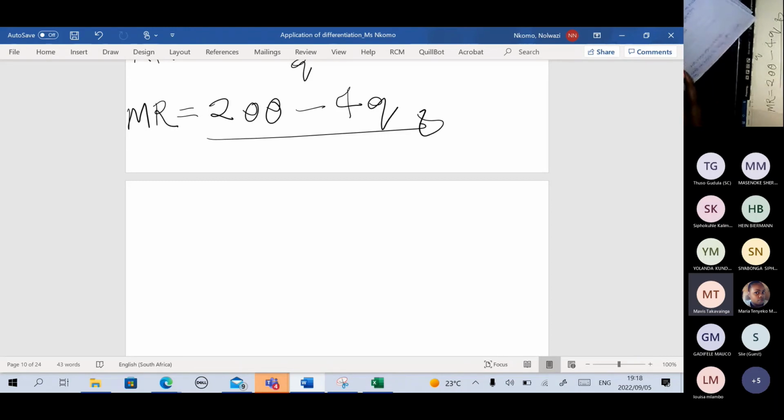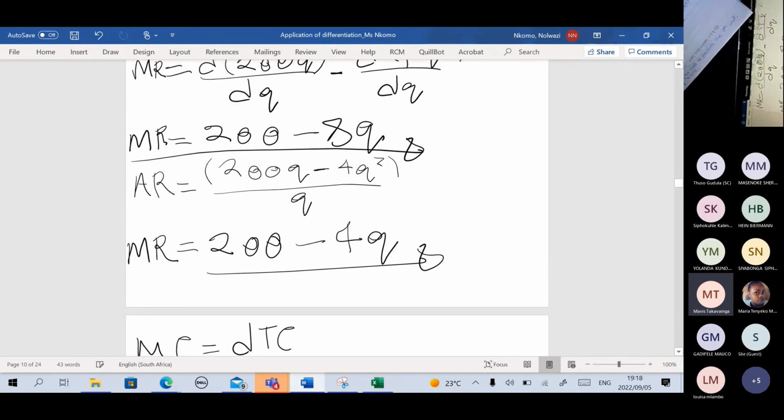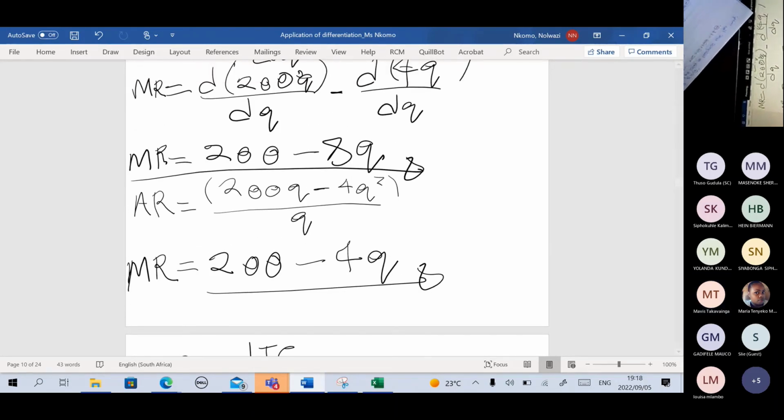I'm lost a little bit, ma'am. You have marginal revenue is 200 minus 4Q, and then on top there you also have 200 minus 8Q. Oh, this is average. Yes, this is average revenue. Is it still going to be 4 or is it going to be 8 there?